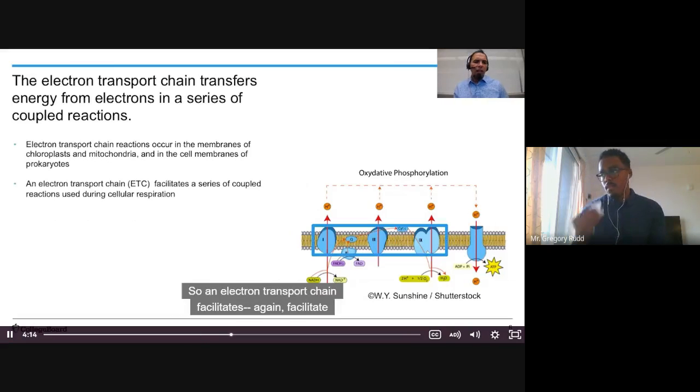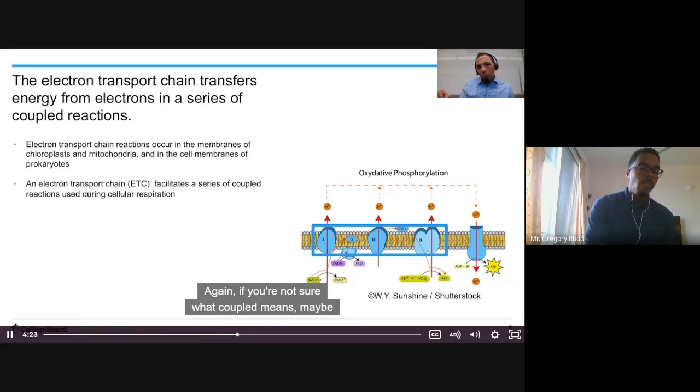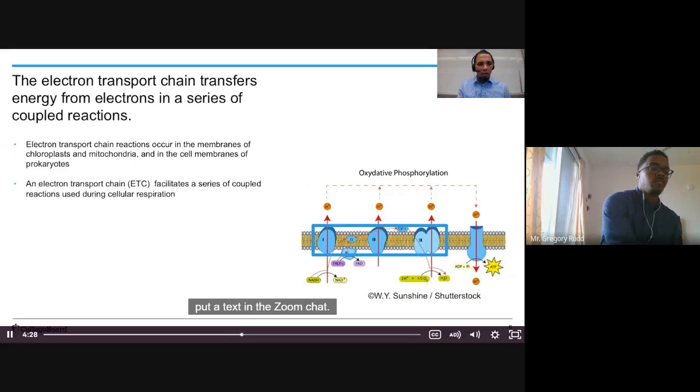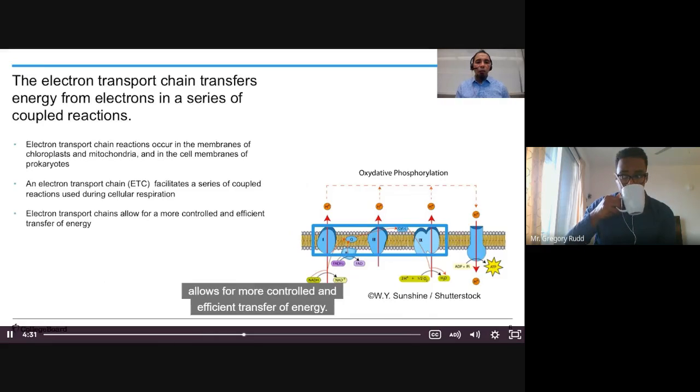So an electron transport chain facilitates, again, facilitate means to help, a series of coupled reactions used during cell respiration. Again, if you're not sure what coupled means, maybe pause the video, maybe ask a friend, put a text in the Zoom chat. And so the electron transport chain allows for more controlled and efficient transfer of energy.